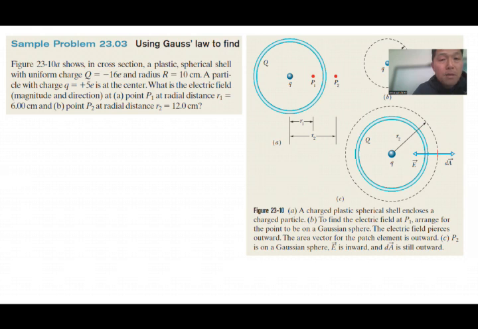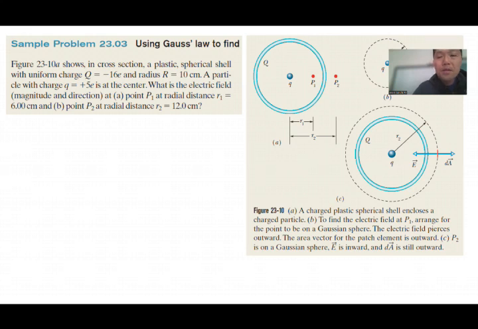For the first question, you create the Gaussian sphere inside of this spherical shell, because point P1 is inside the shell. The electric field points outward, because the point charge at the center is positively charged.